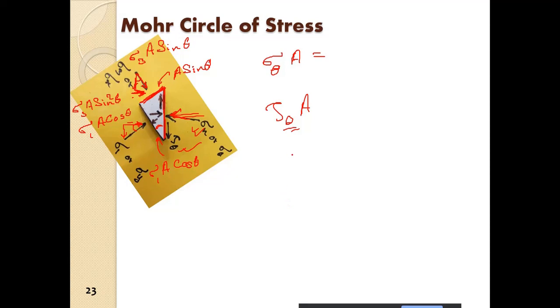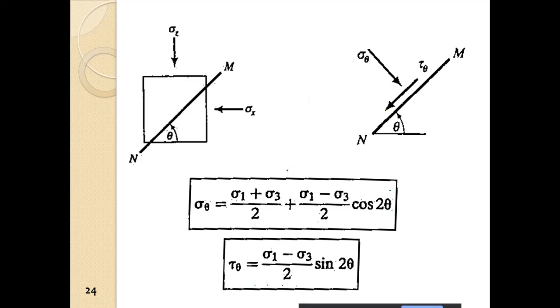So ultimately you have to add the summation of forces in the x direction, all forces in this direction or this direction, and similarly all the forces in the y direction. So you will find out the expression for sigma theta and tau theta in terms of sigma 1 and sigma 3.